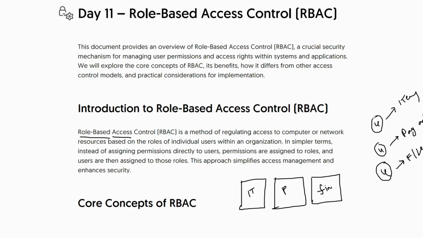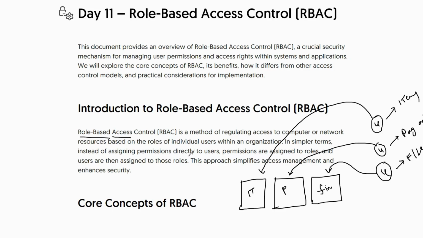So the purpose of role-based access control is this user should only have access to resources in the IT application. Payroll should have access to the payroll system, and the finance leader should have access to the finance system. That is the overall concept of role-based access control.